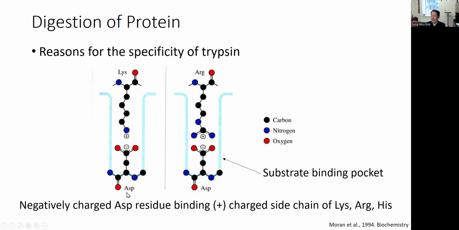So thanks to aspartate in the binding pocket of trypsin, it will look for lysine, arginine, or histidine, and then the serine will cause the cutting. Serine and histidine together will cause the cutting of the peptide bond. Okay, so that's how trypsin can be smart to find basic amino acids.